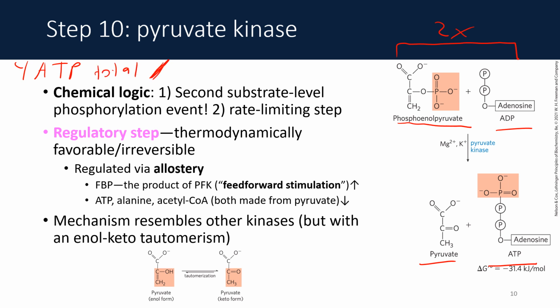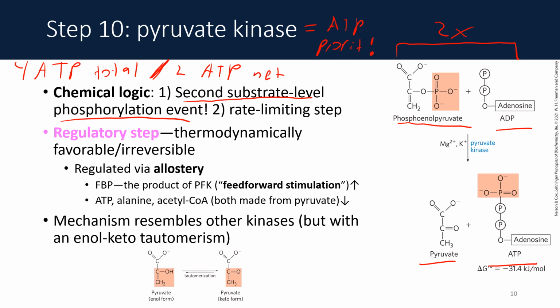The net number of ATP gained, however, is only 2 ATP molecules because we lost 2 to the investment phase. Why is this important? Well, pyruvate kinase is our second and final substrate level phosphorylation event, and it is the one that induces an ATP profit.